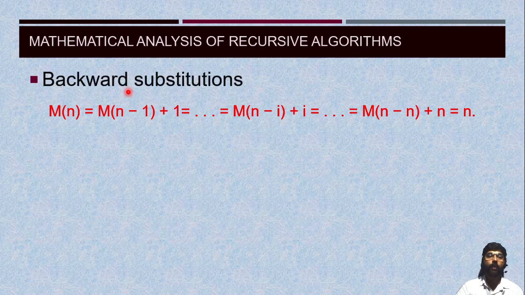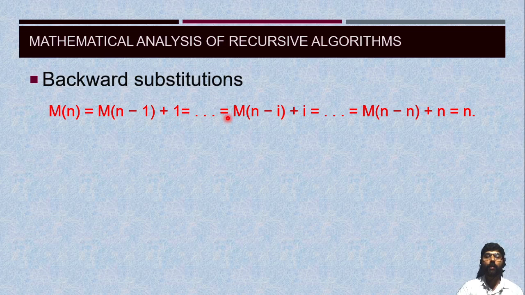When we apply backward substitution, it looks like this. m of n is m of n minus 1 plus 1, where the recursive calls are for f of n minus 1, plus one multiplication by n.